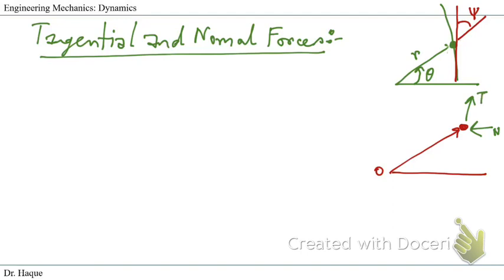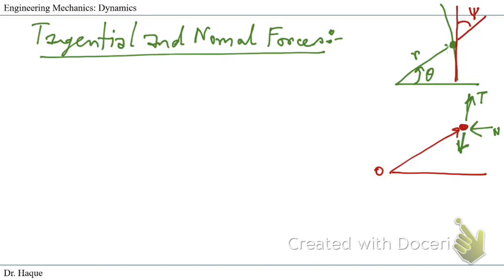And if there is any friction, it will be acting opposite to the movement of the particle. So if the tangential component is moving in this direction, the friction will be in the opposite direction.